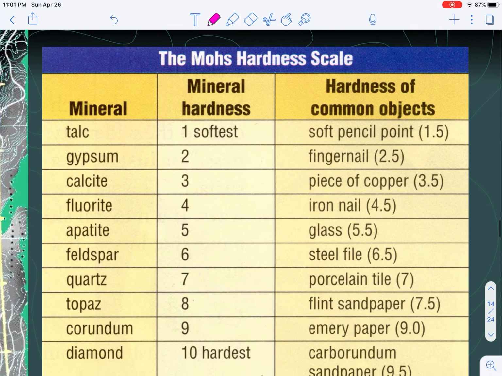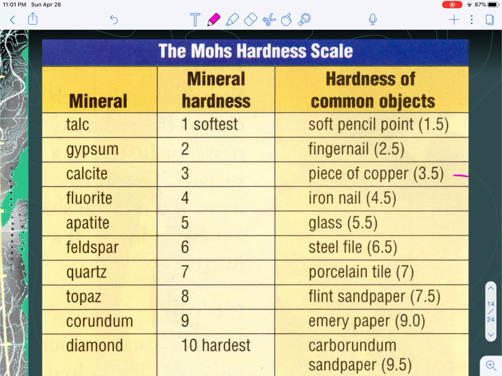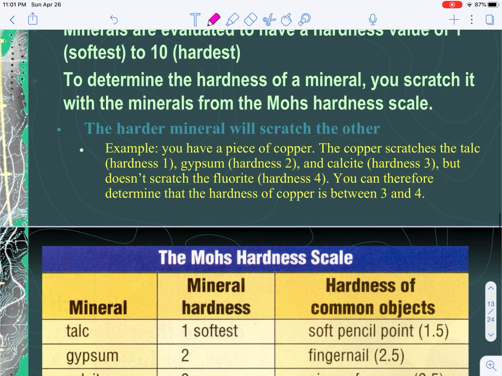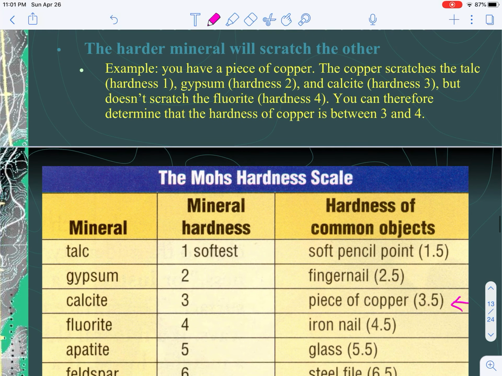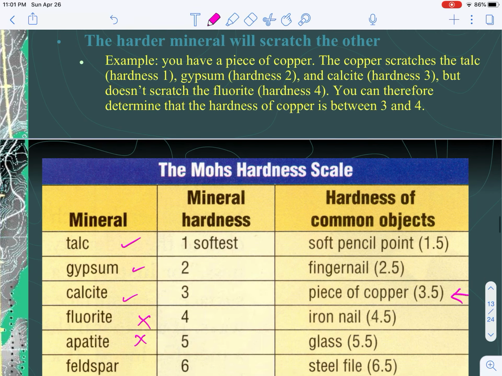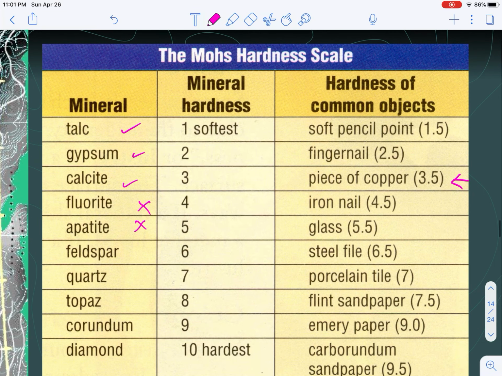For example, a copper penny having a hardness of 3.2 to 3.5, copper then would be able to scratch talc and gypsum and calcite, but it would not be able to scratch anything further.